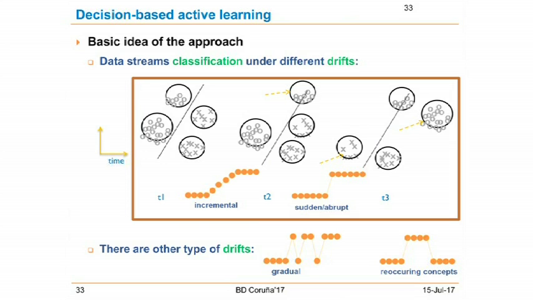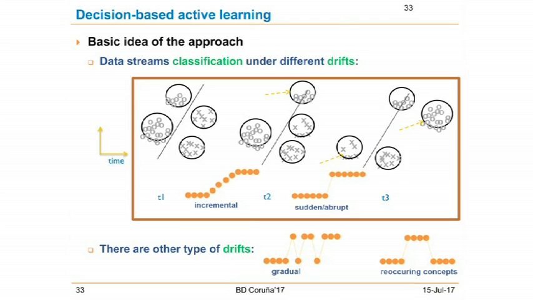So for instance, here incremental, you have the data emerging in a certain way, or a new cluster that comes at the end, for instance, at one extreme of the space. You may also have sudden or abrupt drift, when suddenly you have new emerging regions. Sometimes it's easier to cope with it compared to incremental. Incremental, you really have to track the change, while abrupt can be easily captured.